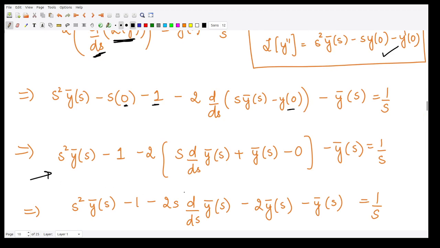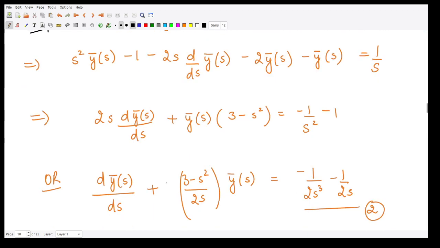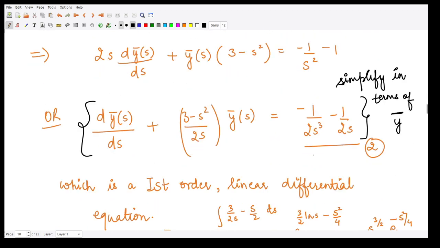Now when you simplify this in terms of y bar, you see at the end you will get a first order differential equation in y of s. So we have to solve this differential equation.